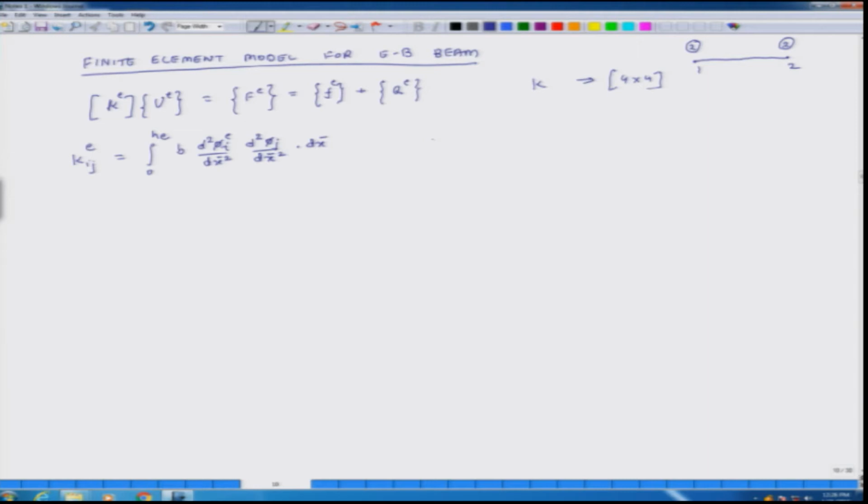Fi equals the integral on the domain of phi i times F, which could be a function of x, times dx. And then of course, I have q1, q2, q3, q4, which I have already defined, which constitute the Q vector.